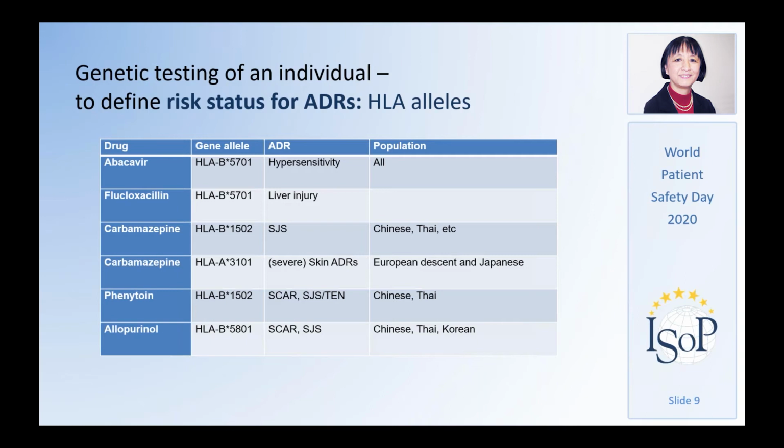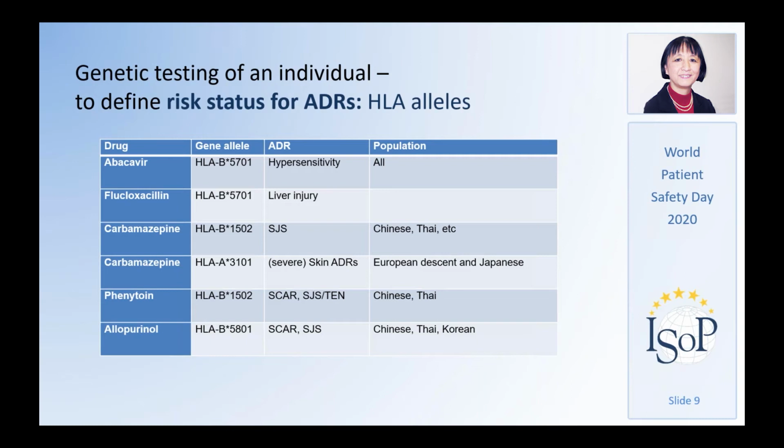For abacavir hypersensitivity associated with the B*5701 allele, the recommendation applies to all populations. With the same gene allele 5701, if you take flucloxacillin, the adverse drug reaction concerned is different. It's a liver injury in this case.